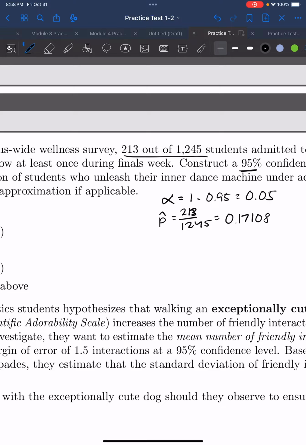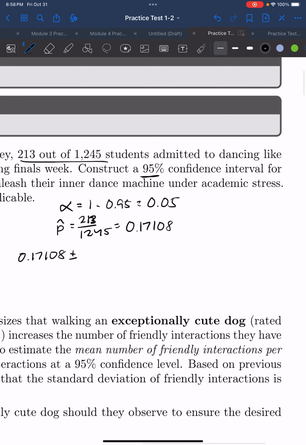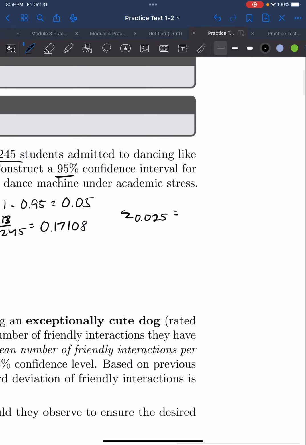So we have our p-hat plus or minus, and then we have our z of 0.05 divided by 2, so that's 0.025. And we can look on our z table for this.